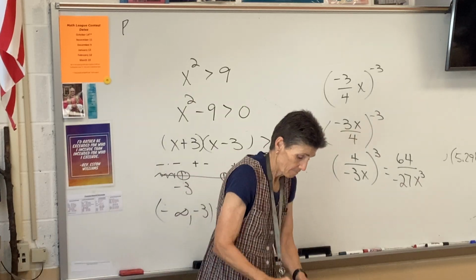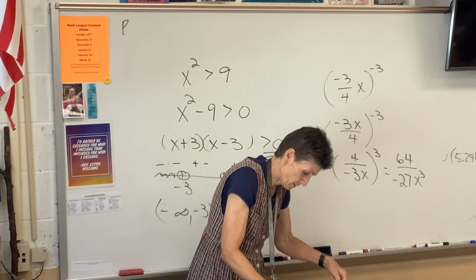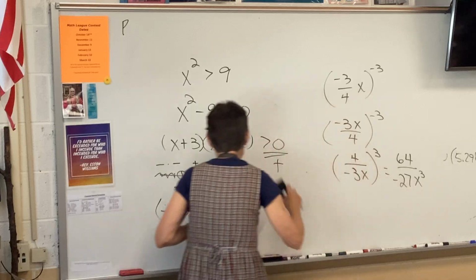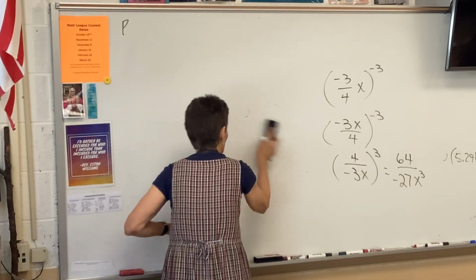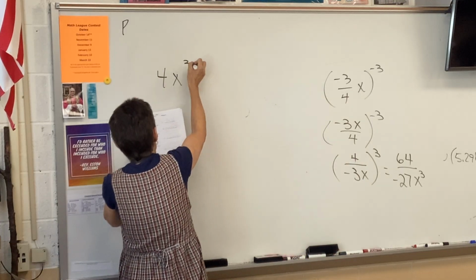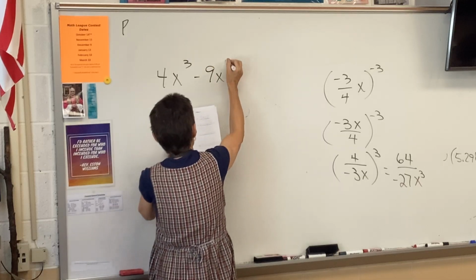P7, number 1, problem C. P7 1C is another inequality like this one, except this one's a cube. Move that 9x squared over.